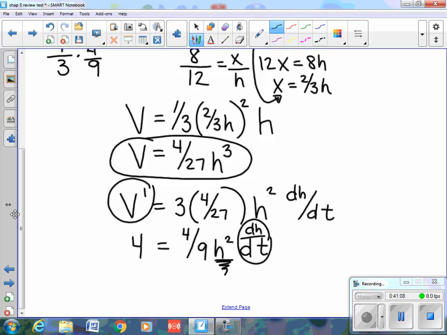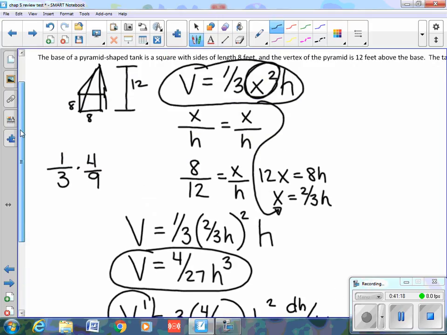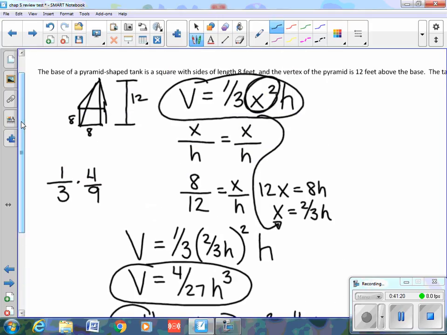So let's look back at it. They're telling me at that time it's 6 feet deep. But I'm not going to put 6 in there because if you look at it, if I cut this off right now, you notice that it's a truncated picture.